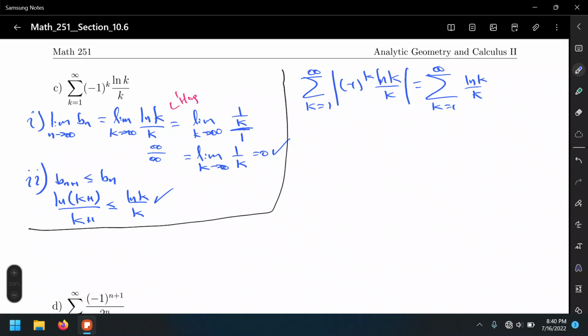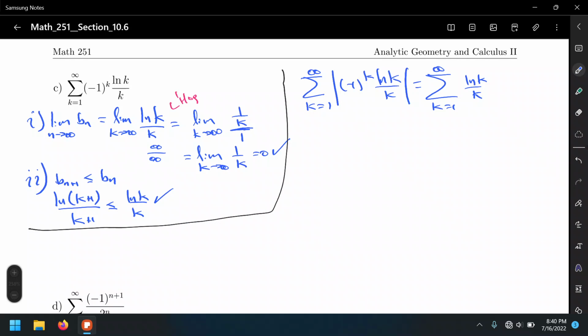Can we maybe do the n-th term test for divergence? That is, find the limit, but we already did that limit and we got 0, so that's going to be inconclusive. So no, we will have to think of a different test. How about the integral test?